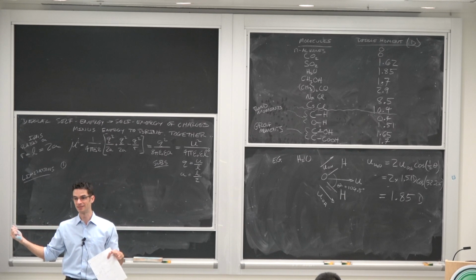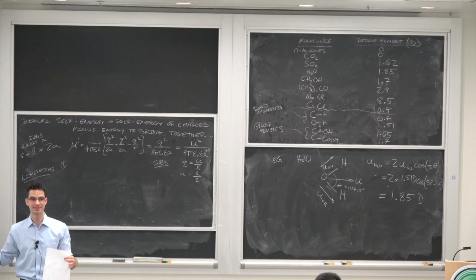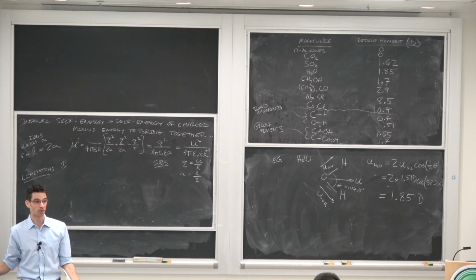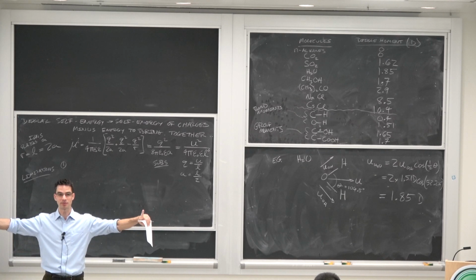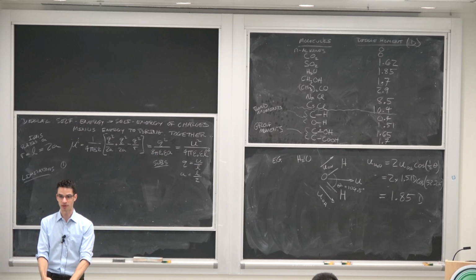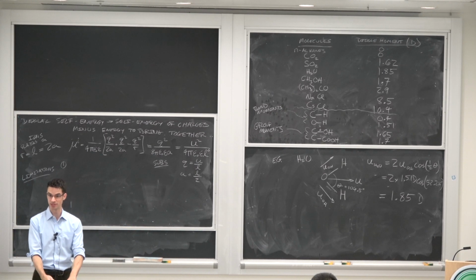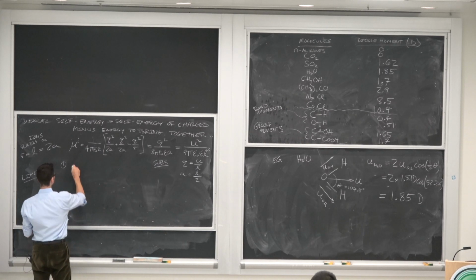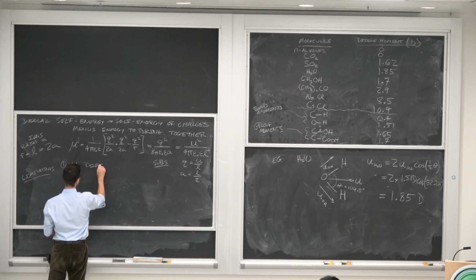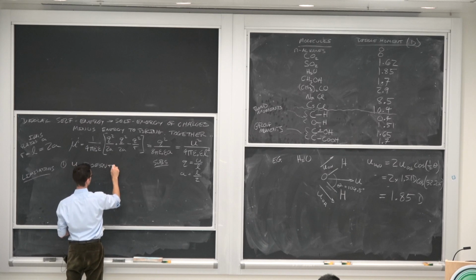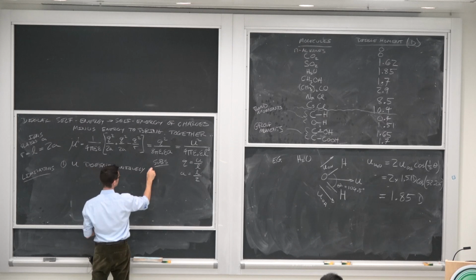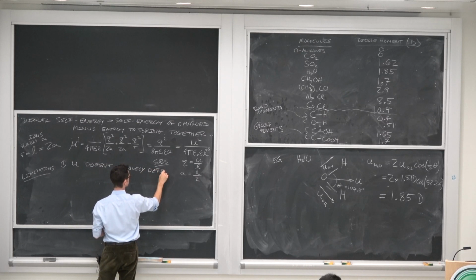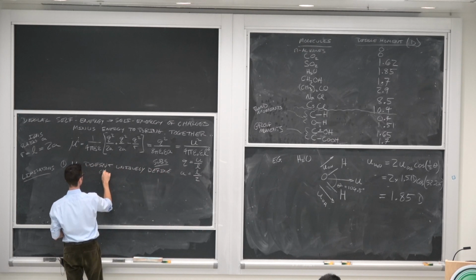But the dipole moment might suggest that they have the same properties, but they don't, because small charges separated by a big distance might give you the same dipole moment as big charges separated by a small distance, because U equals Q times L. So U doesn't uniquely define a charge distribution.